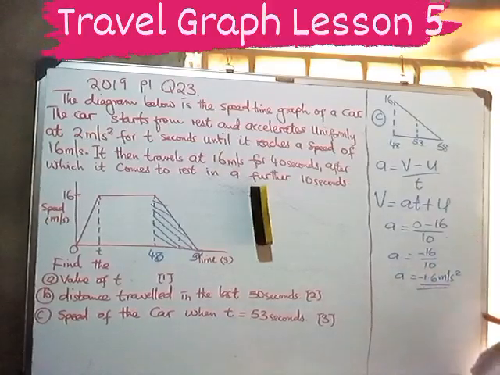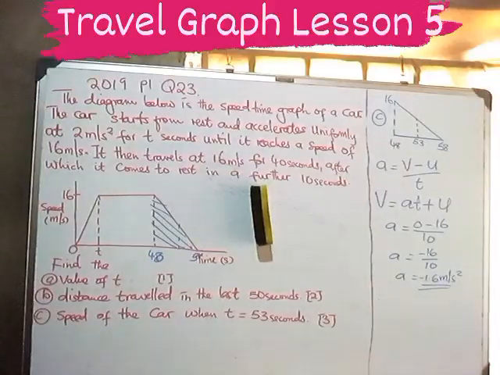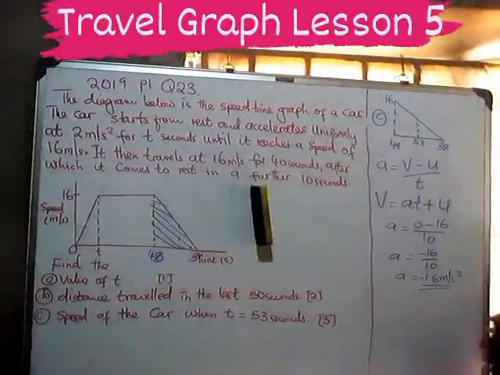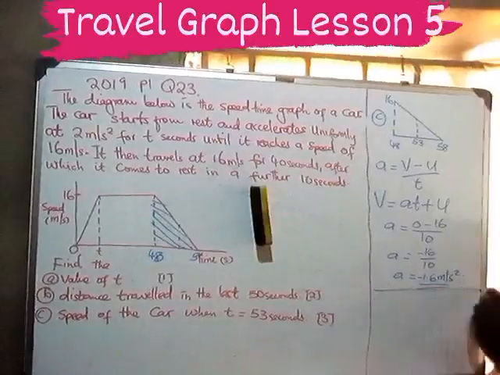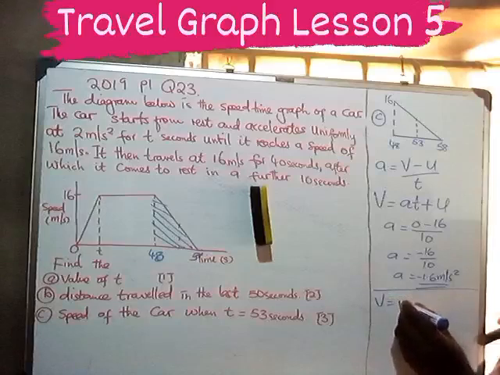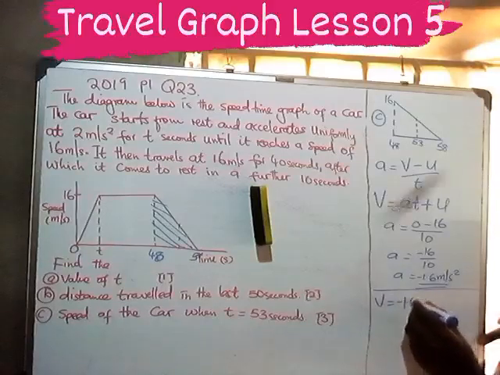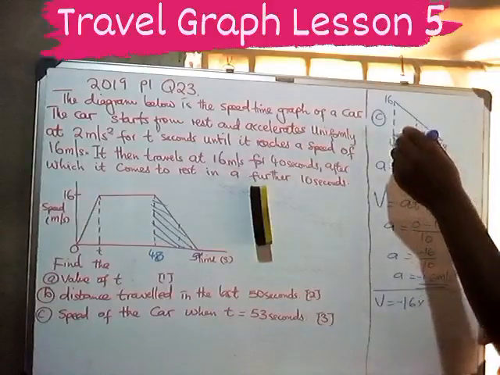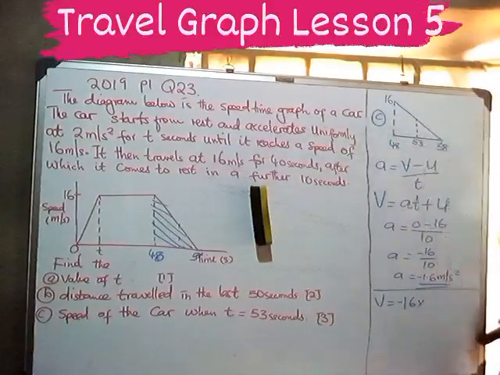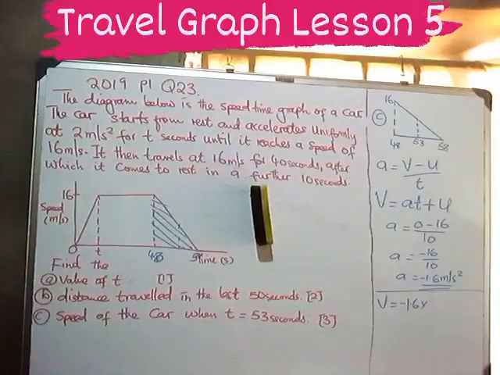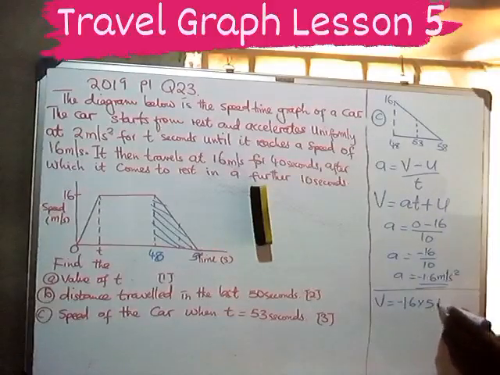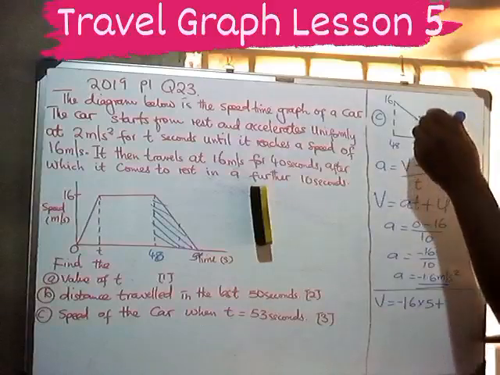This is our acceleration, but this is not our final answer. So what do we do now? Having known the acceleration, now we'll say our V is equal to negative 1.6 multiplied by the time taken. What is the time taken from 48 to 53? The answer is 5. Then plus the initial velocity.